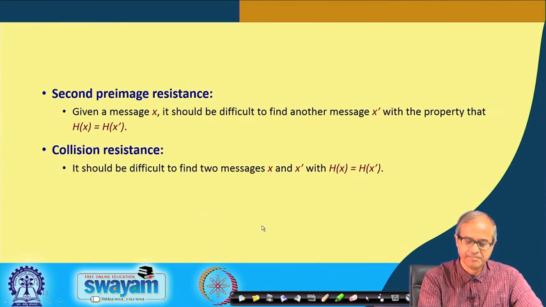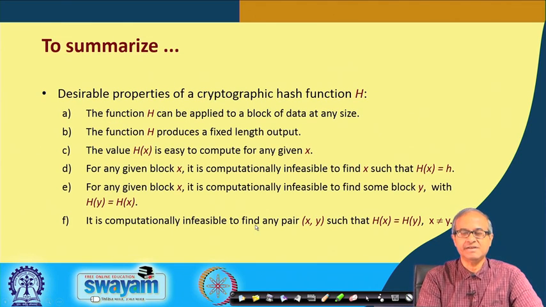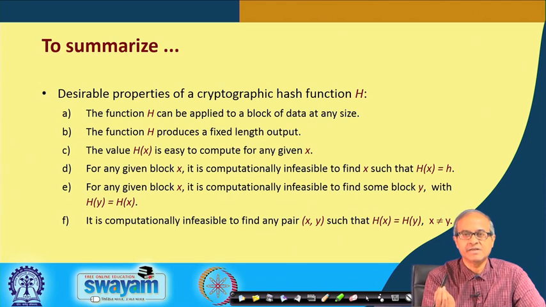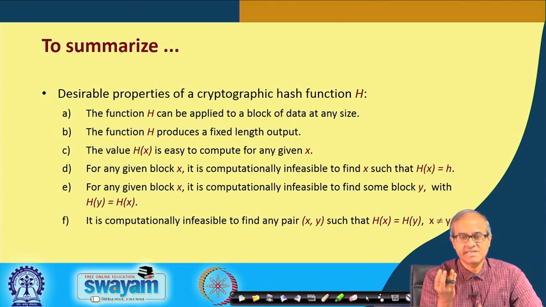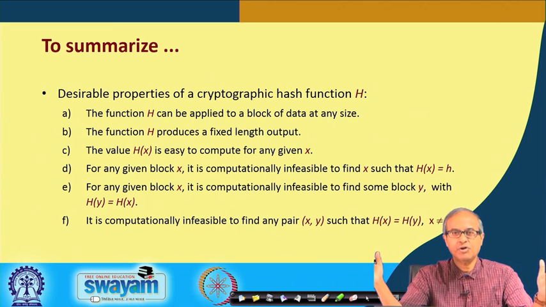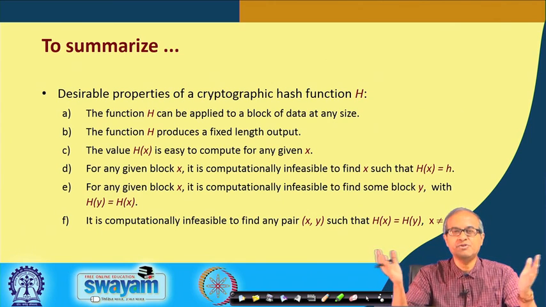Okay. So, just to summarize, the desirable properties of a hash function h. The first thing, of course, is that h should be applicable to a message of arbitrary size. Of course, not arbitrarily long, there is an upper limit, but that upper limit should be very large.